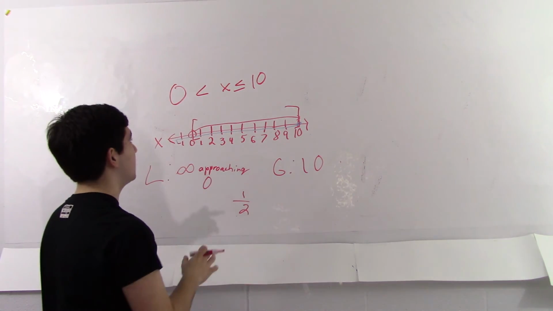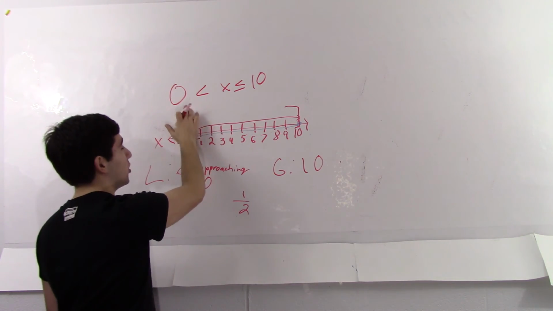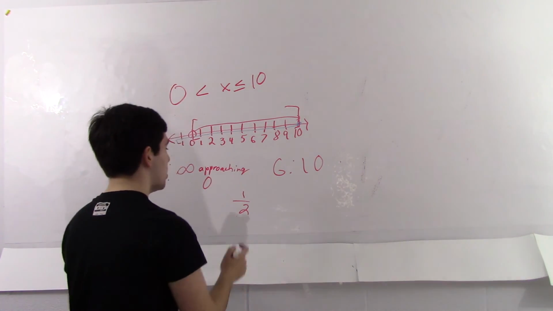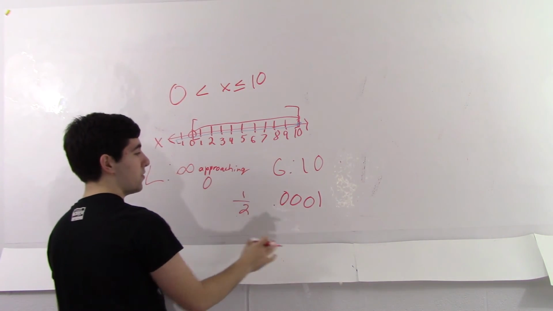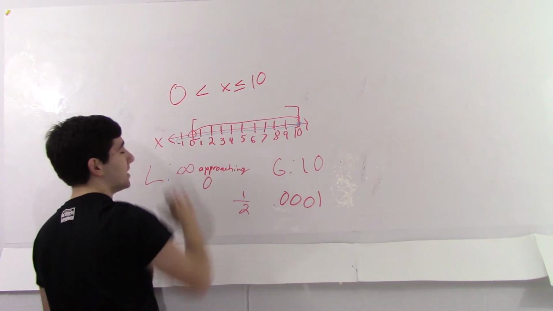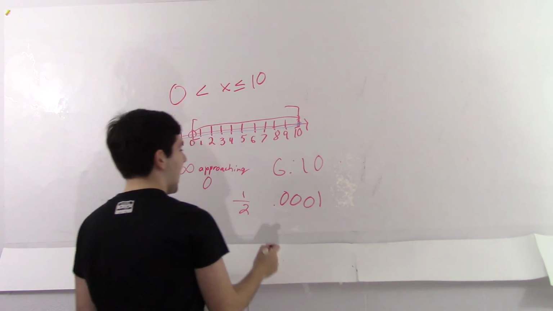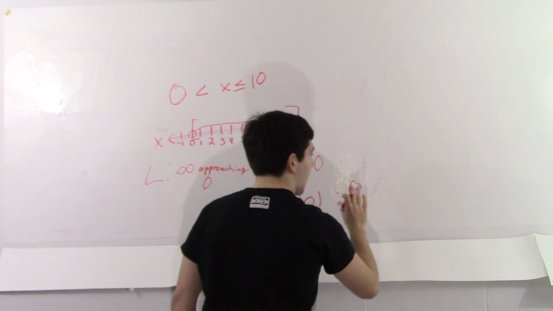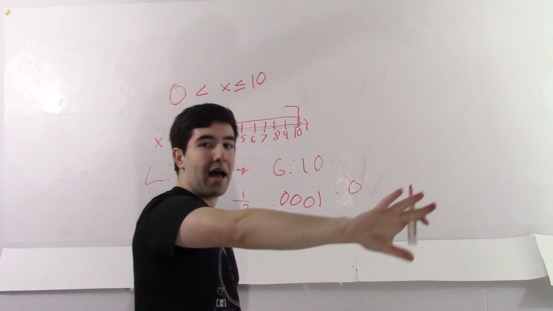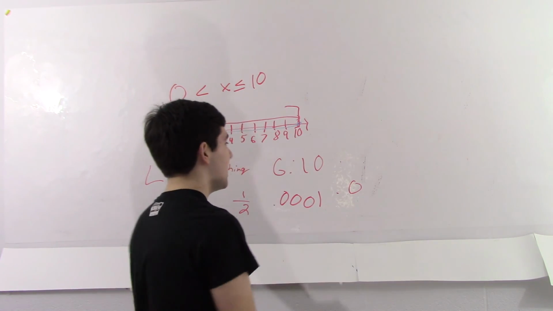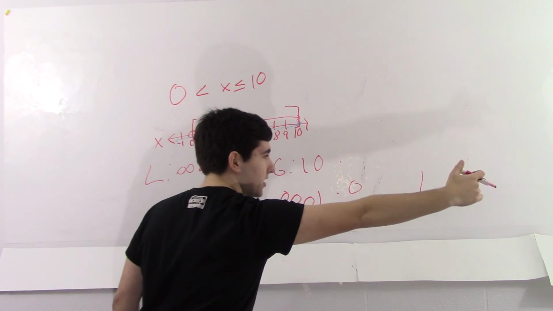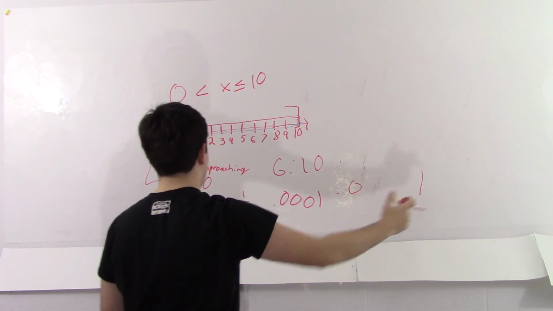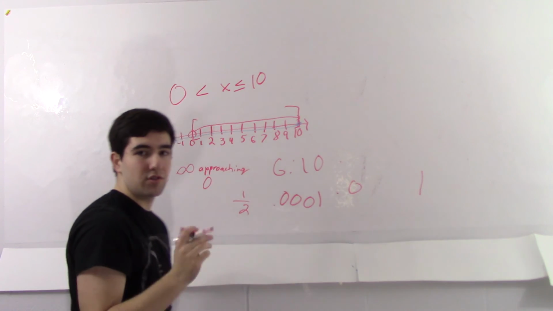It's not quite 0, but it's still a value larger than 0, which meets the condition. You can have 0.0001. It's not 0, but it's very, very small and still meets this condition. X can equal 0.0 and going on and on for an infinite amount of spaces and then have a 1 there. The value can get infinitely small after the decimal point as long as it doesn't equal 0.